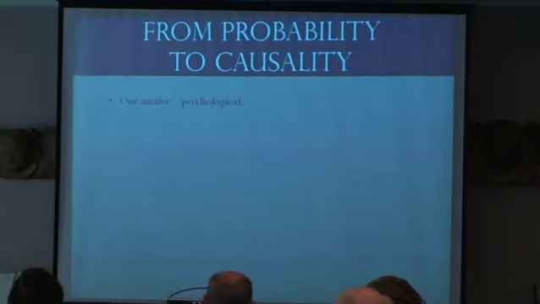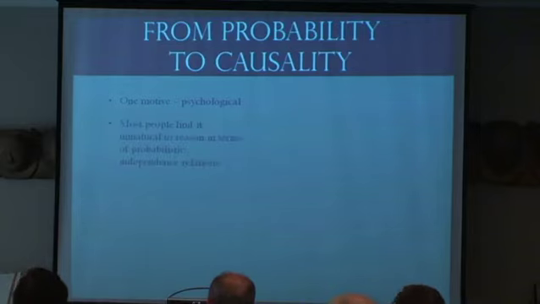And one of the motives for this change was psychological, and this is something I think that's been a recurring theme, the emphasis on trying to think about how we reason and how we think. Most people find it very unnatural to reason directly in terms of probabilistic independence relations. We sort of don't see what's probabilistically independent of what.